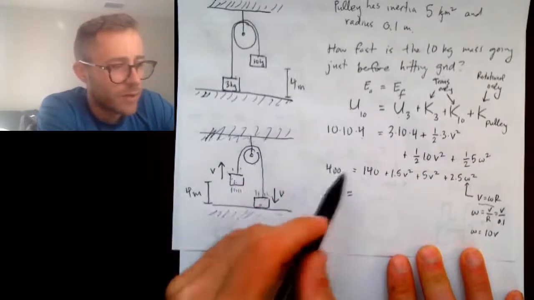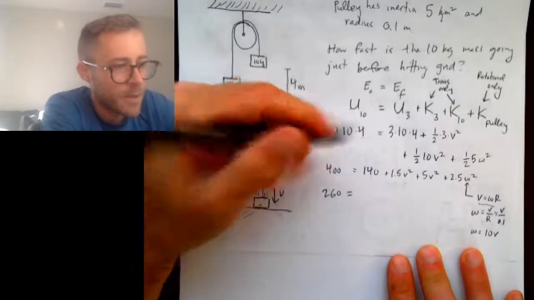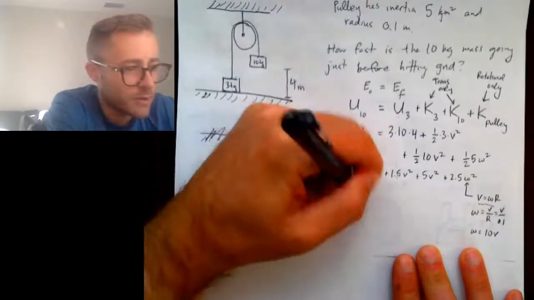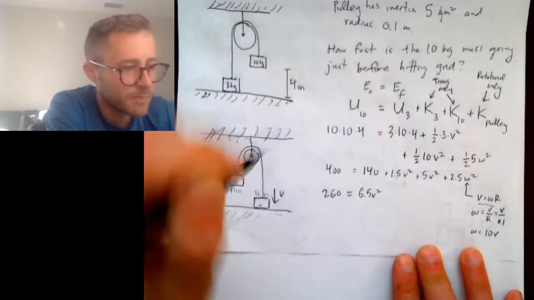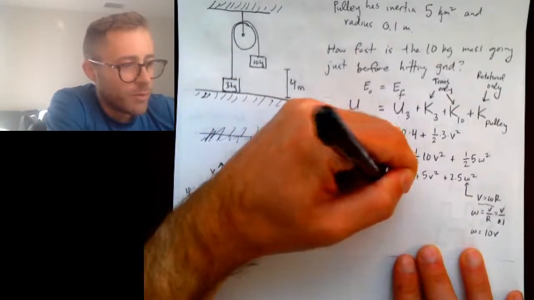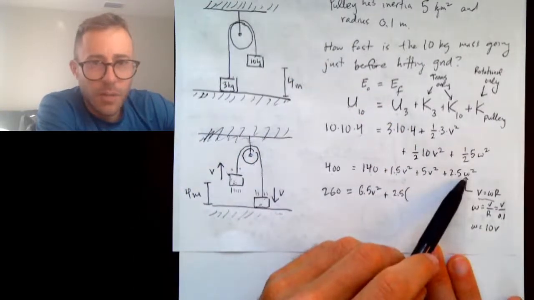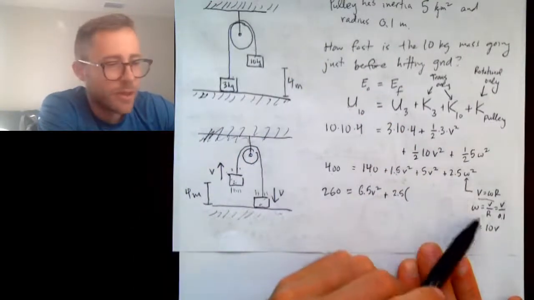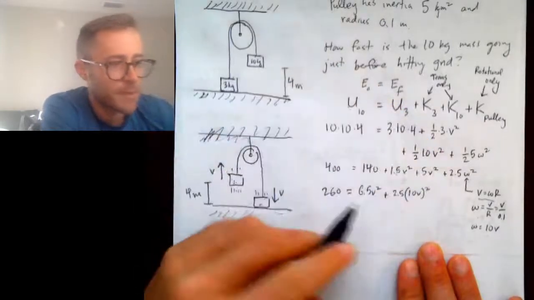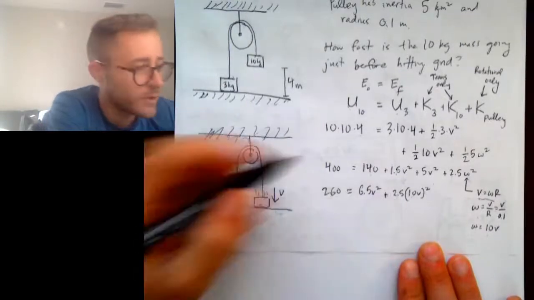So if I subtract this 140 over to the other side, I have 260 on the left-hand side. If I combine these two, 1.5 plus 5, I get 6.5 v squared. And then I have plus 2.5, and then omega is 10v. So I have 10v quantity squared. So 10 squared is 100. 100 times 2.5 is 250.